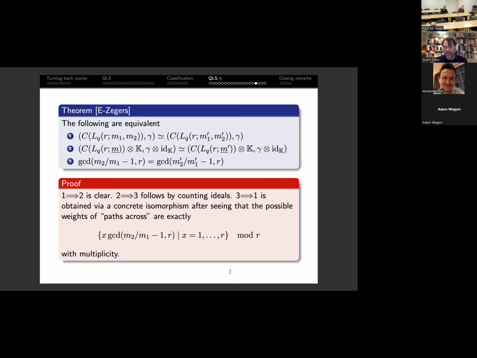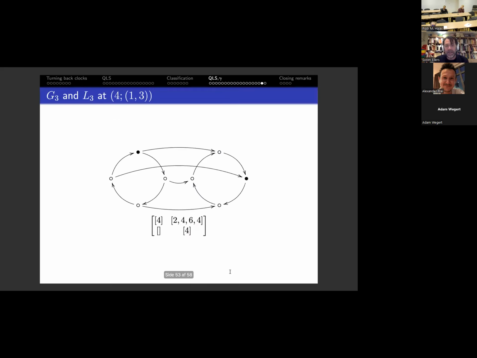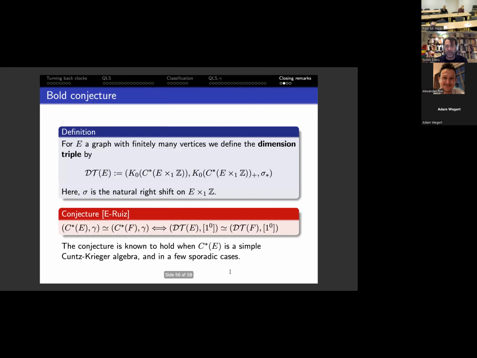But let me say a few thoughts about it, which are based on this conjecture: the idea that you can classify graph C-star algebras, let's say units of graph C-star algebras, up to equivariant isomorphism using the dimension triple. This is very closely related to the idea of shift equivalence of shifts of finite type.